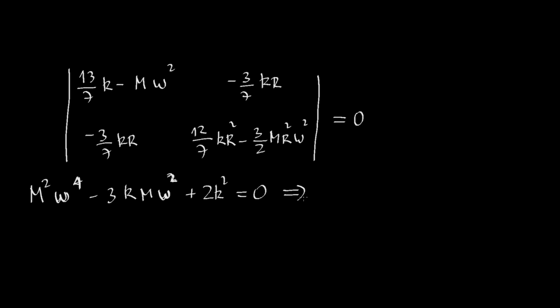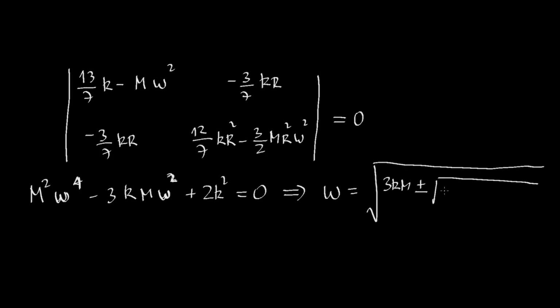The solution here is omega squared equals, using the classic formula for the second-degree equation, 3km plus or minus, well, here the determinant will be equal to 9k squared m squared minus 8k squared m squared. Well, this is just 1 k squared m squared.